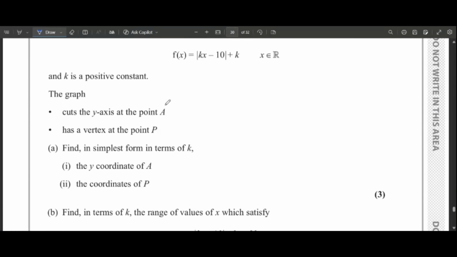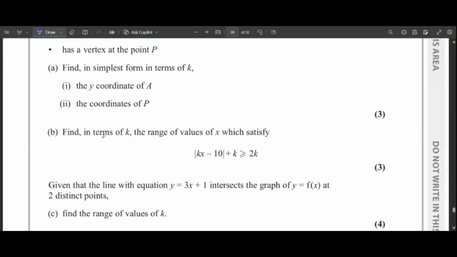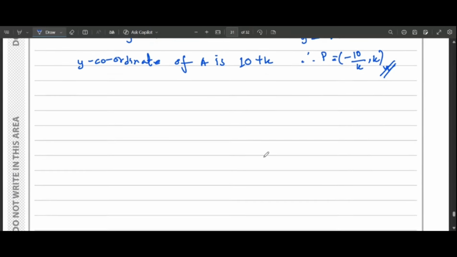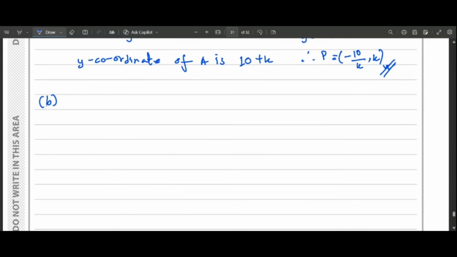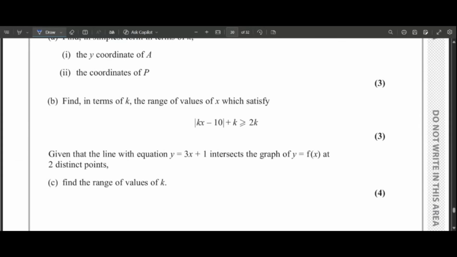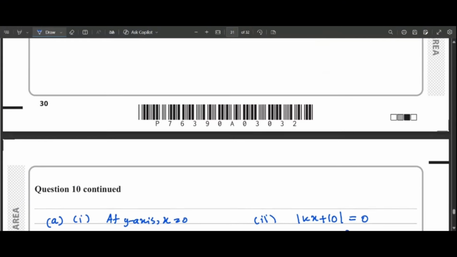For part B, we can see that we have to find in terms of k the range of values of x which satisfies this inequality. We will first write out the inequality. The inequality is k|x minus 10| plus k is greater than 2k.